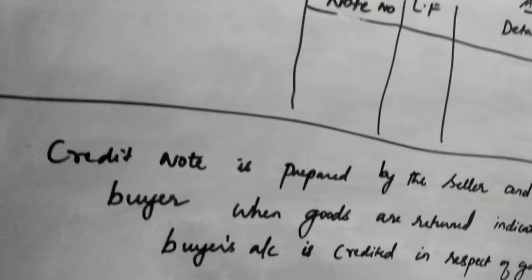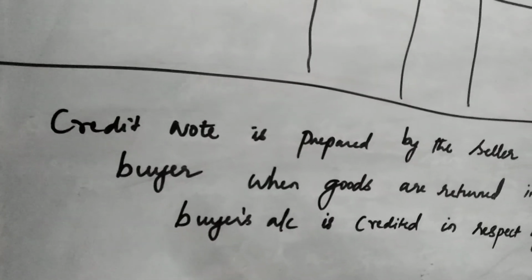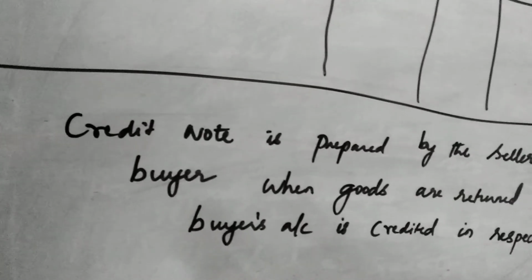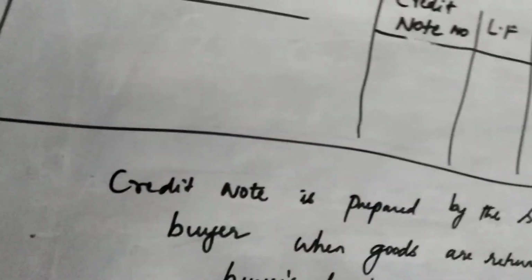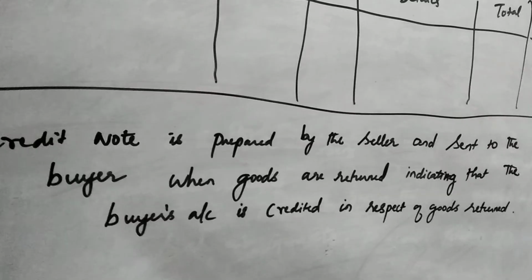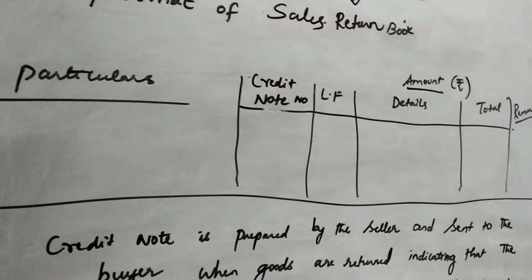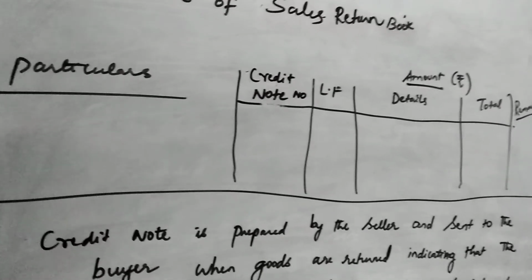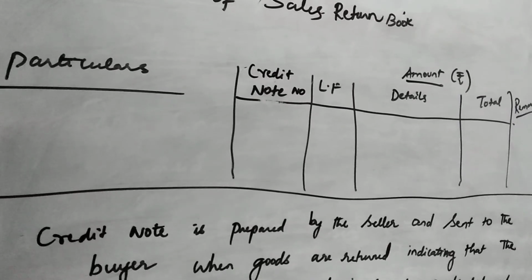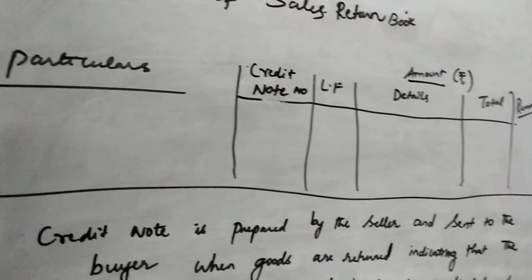You have only one illustration. We will see to that later. As of now, we will do the exercise problems. So just go through the format. In the next video, we will start with the exercise problems with the preparation of purchase day book, sales day book, purchase return book and sales return book.